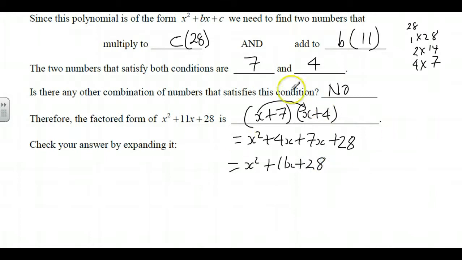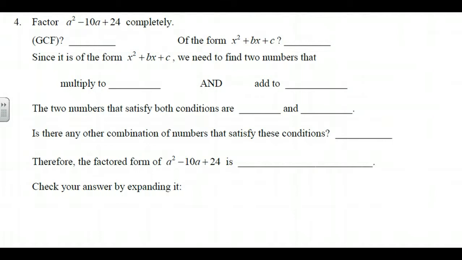This step is crucially, vitally important, and must always, always, always be done, because the mistakes that happen in factoring are usually not finding the numbers, but getting the signs right. These are all pluses, so it's really easy. We know these two have to be pluses. It's looking at the signs and getting them right, and we'll see that as we do some more examples.